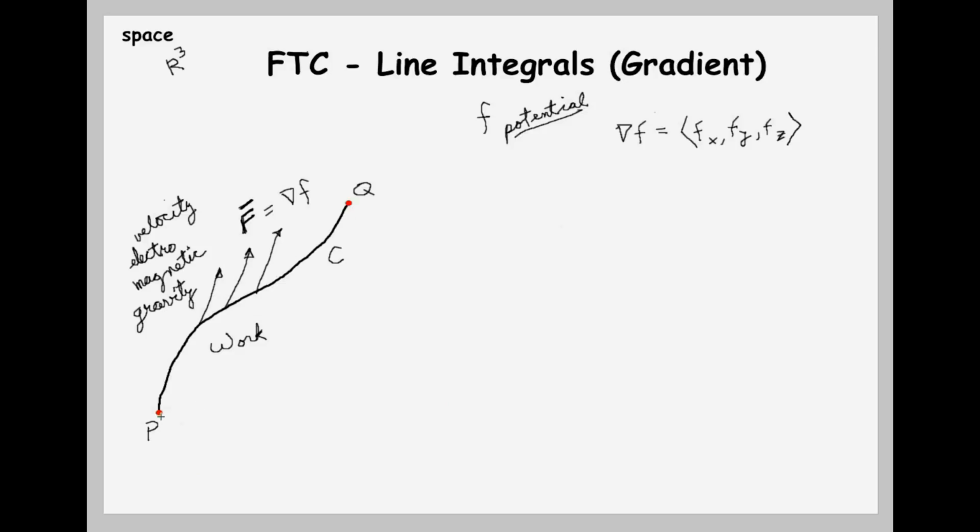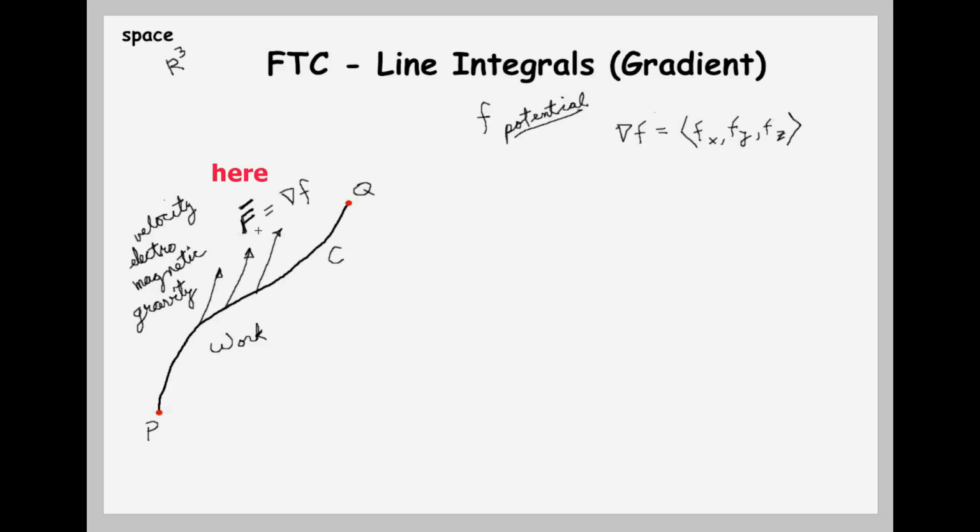And here we have a line in space, really a curve in space, and it's bounded by points P and Q. And here we're going to measure with a line integral work. We also have a vector field F shown here.